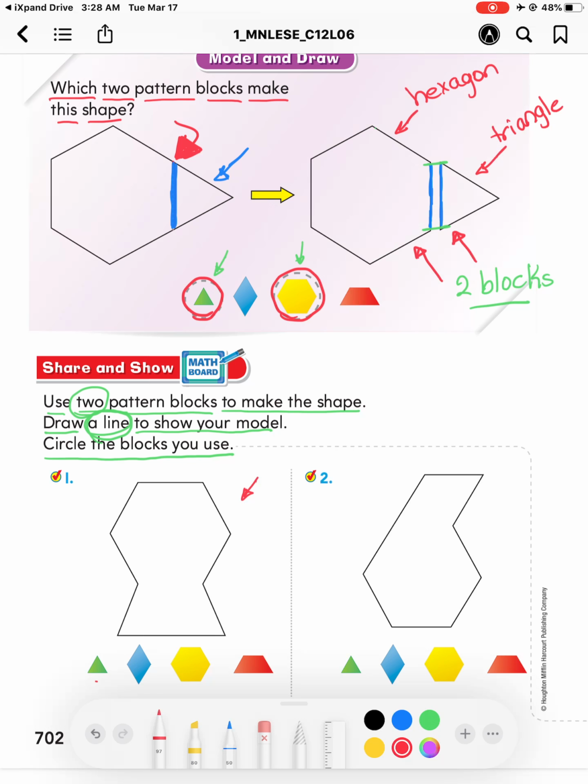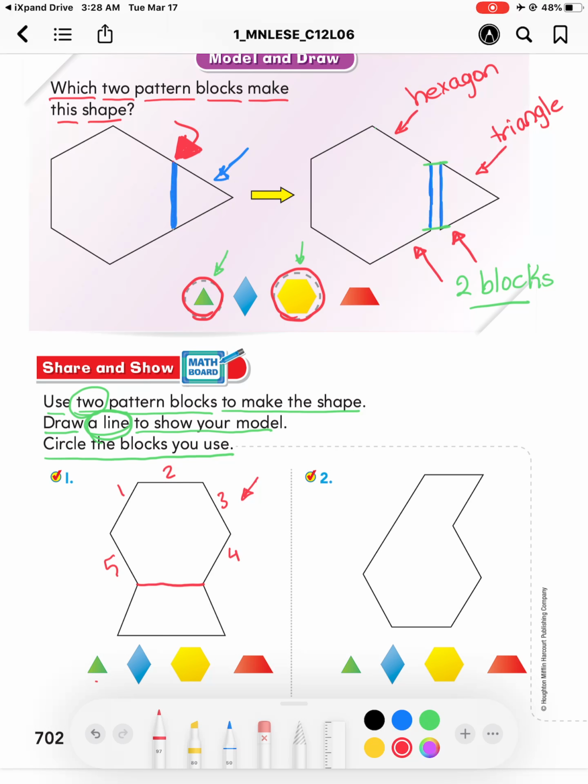Can we use rhombus and the hexagon? Let's see. Let's try to use the hexagon because here I have 1, 2, 3, 4, 5. So if I added the sixth side, we will have a hexagon.